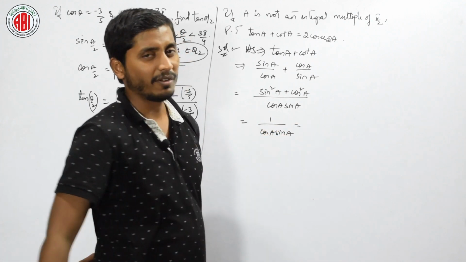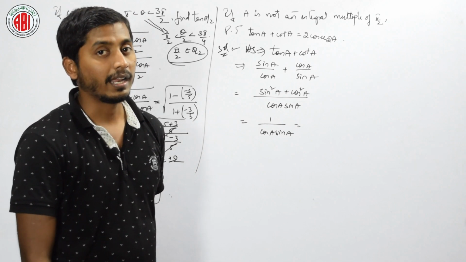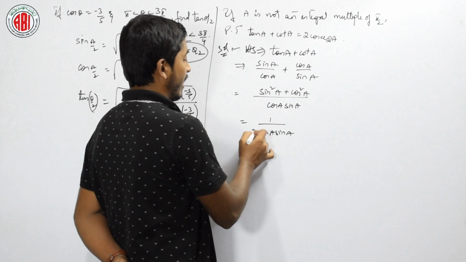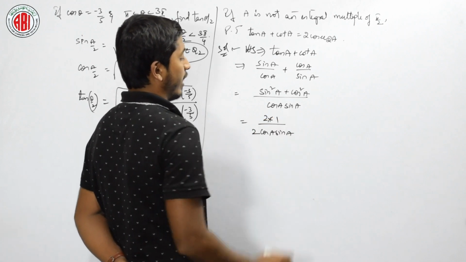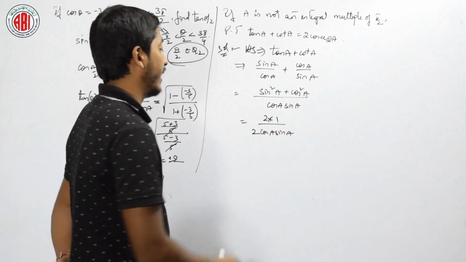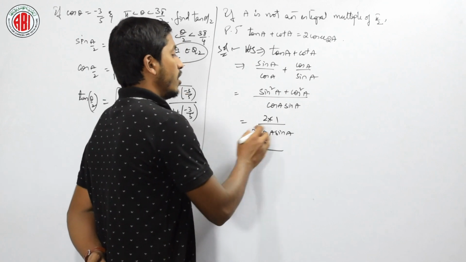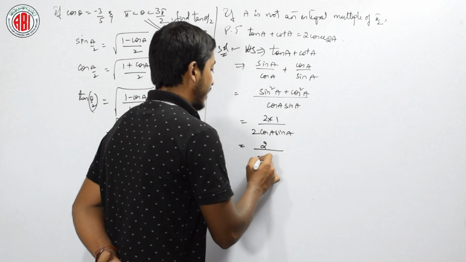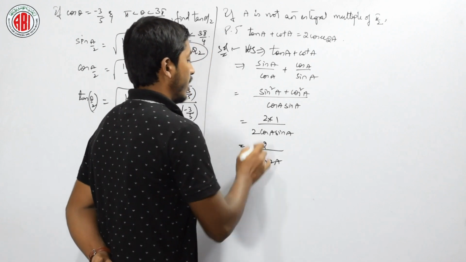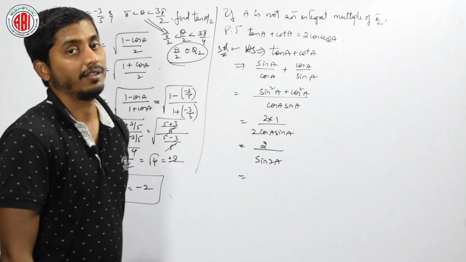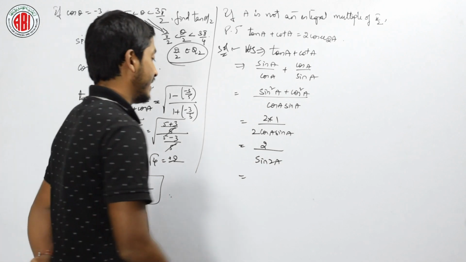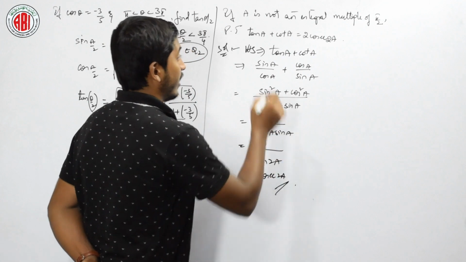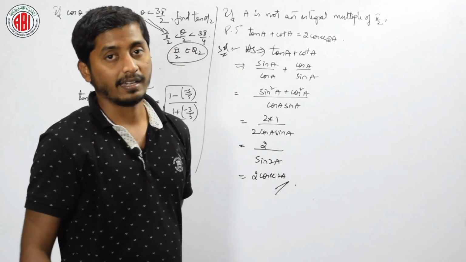Do we have any formula for cos a and sin a? If we multiply and divide the numerator and denominator by 2, we get 2 by 2 cos a sin a, which is nothing but 2 sin a cos a, that is nothing but sin 2a. If sin is in the denominator, what is the reciprocal of sin? Which is nothing but cosecant 2a. Did we get it?